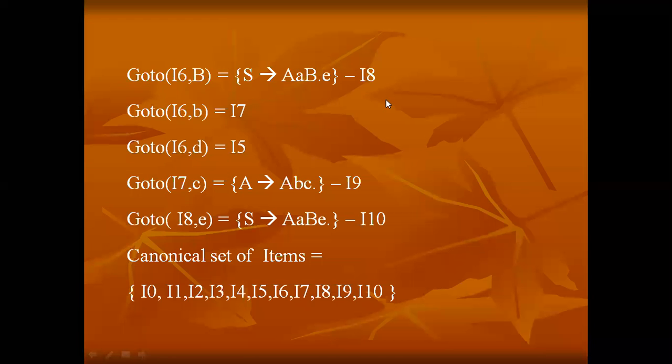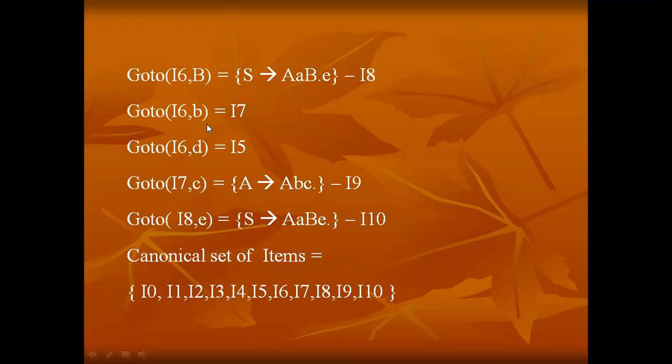When I am calling item number 6 with the variable B, then the production is S tends to AAB dot E. That is the new production rule, right? And I'm naming it I8. I'm continuing the sequence numbers. Now it is I8.